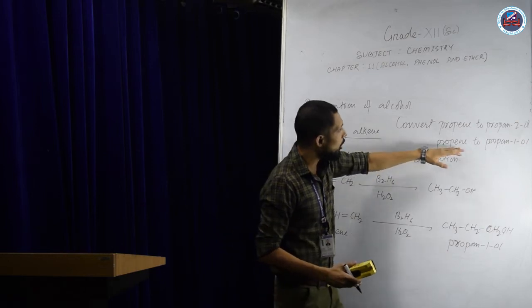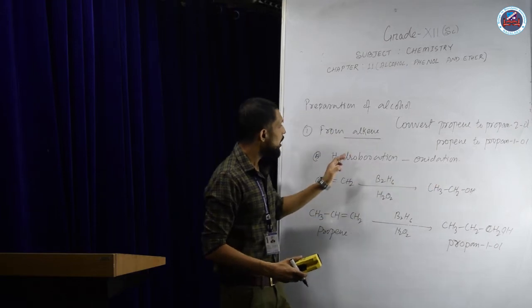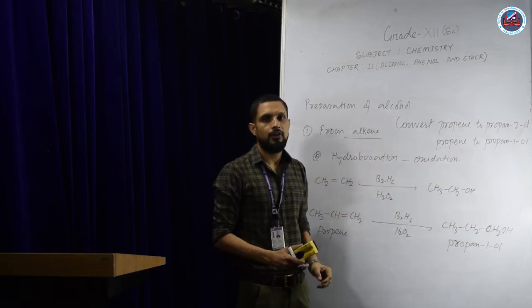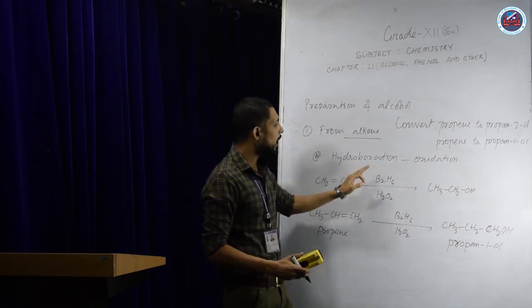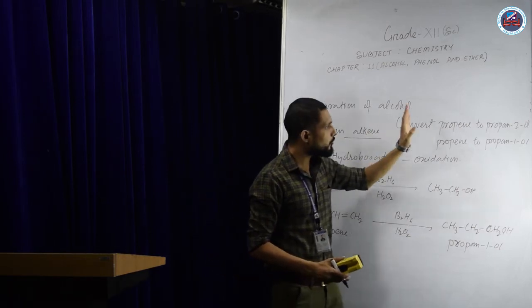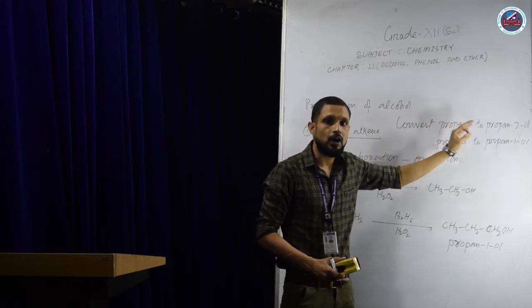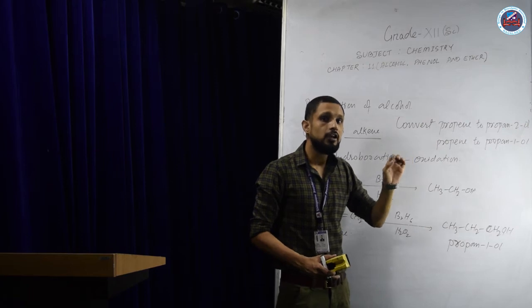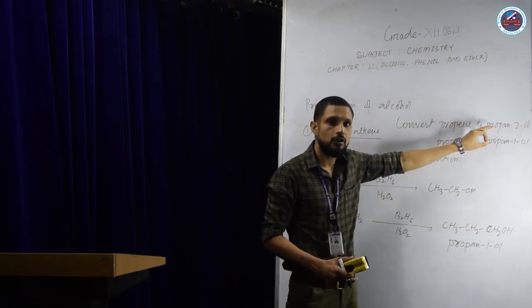But if you're asked to convert propene to propan-1-ol, you'll use hydroboration oxidation method. So you have to be very careful when you write the reaction. You have to check the name of the reactant and name of the product very carefully. After that, you choose the type of reaction which you are going to follow for the conversion. Okay?